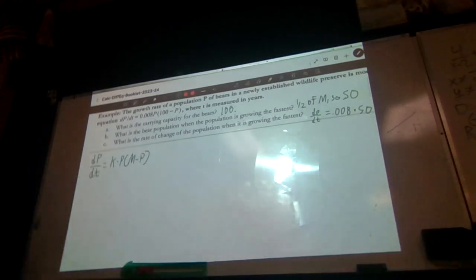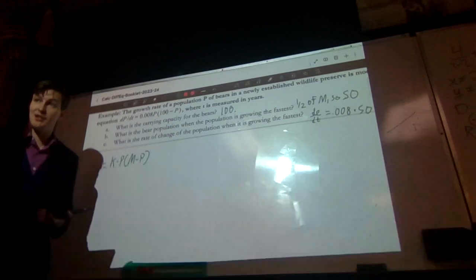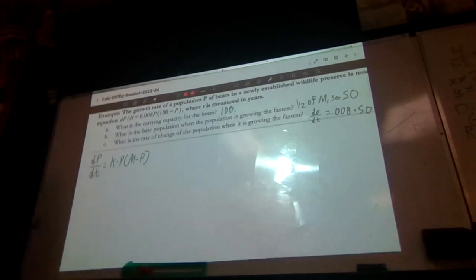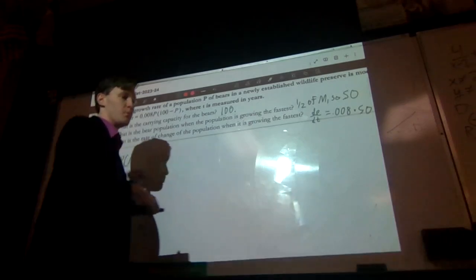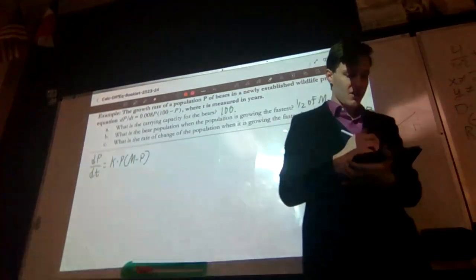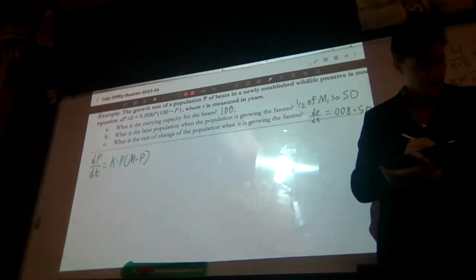However, we obviously want to take this differential equation and rewrite it as a regular equation. So therefore, what are we going to have to do? We're going to move everything that we can down to the bottom, move the dt up to the top, and we're going to solve.